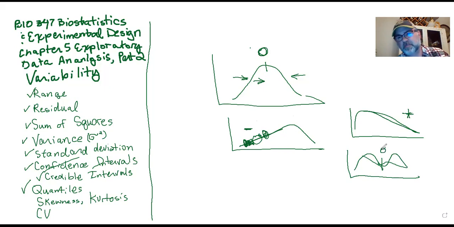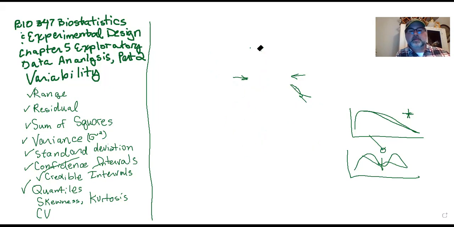So beware that just getting 0 skewness does not mean you have this beautiful data. We got a whole chapter on graphics, and getting to know that data involves a lot of staring at histograms. We just showed these are all what we call histograms, looking at the frequency of outcomes.